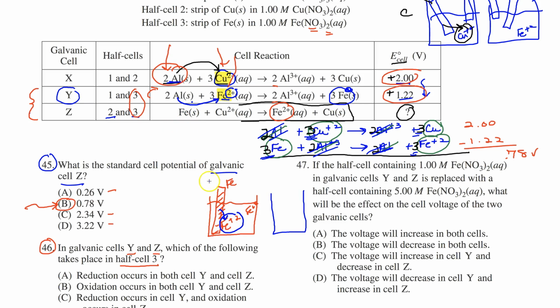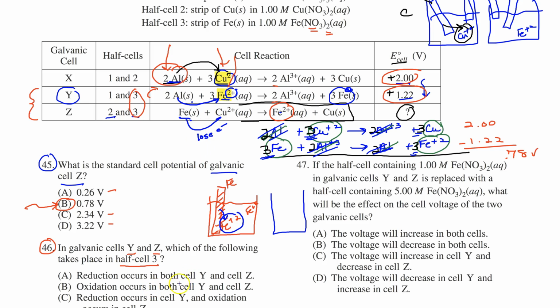Now, in this Z, the Fe is becoming Fe plus 2, and how does it go up in charge? Because it's giving electrons. So in Z, it's getting oxidized as it loses, right? LEO the lion says GER. So it loses electrons here. Here it's gaining, here it's losing.